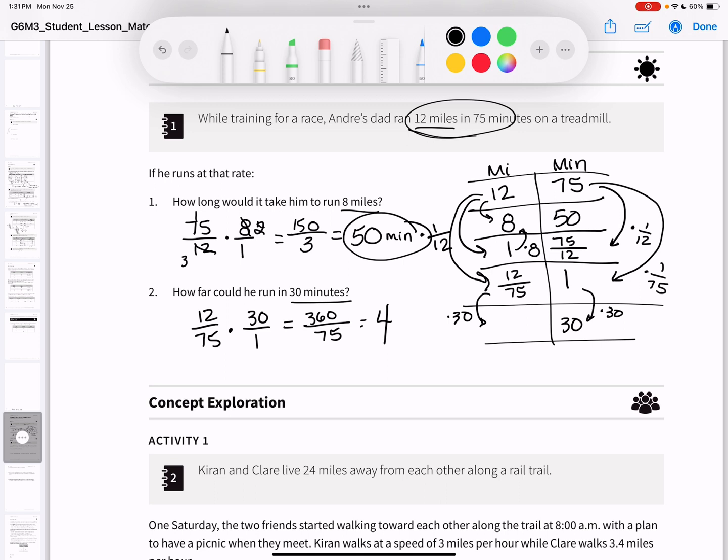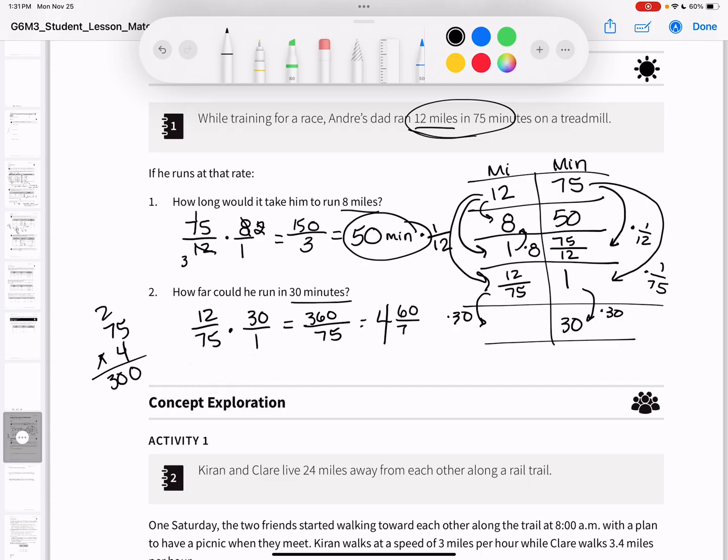Well, 75 times 4. 7 times 4 is 28 plus 2 is 30. So that's 300. And I have 60 left over.